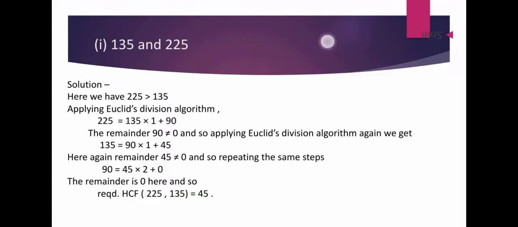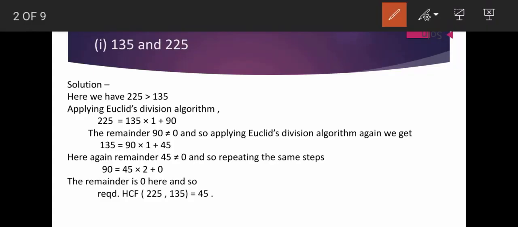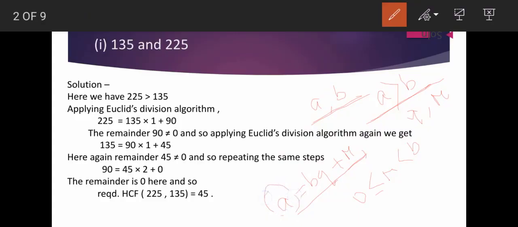So what it says is, if A and B are any two positive numbers given to us, where A is greater than B, then there exist two integers Q and R such that A is equal to BQ plus R, such that 0 is less than or equal to R, which is less than B. Here we have to remember one thing: if A is greater than B, then B can divide A. There will be some quotient and some remainder.